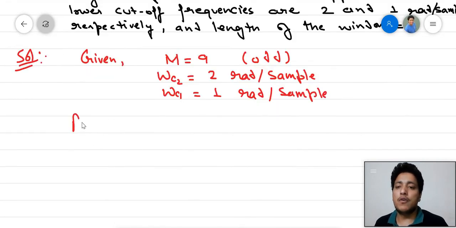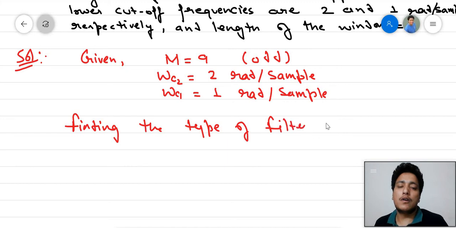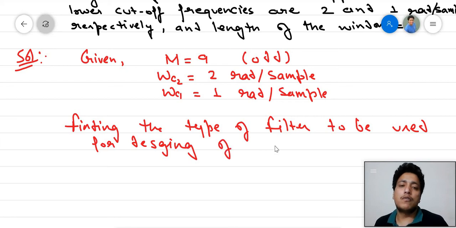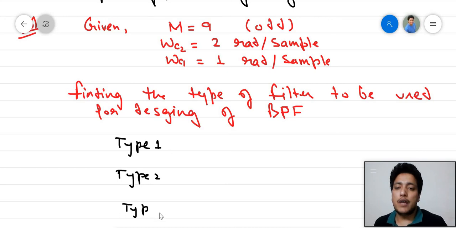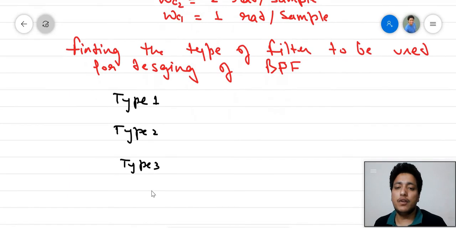Now, finding the type of filter to be used for designing the band pass. We have an FIR filter, so we have an option of type 1, type 2, type 3 and type 4.